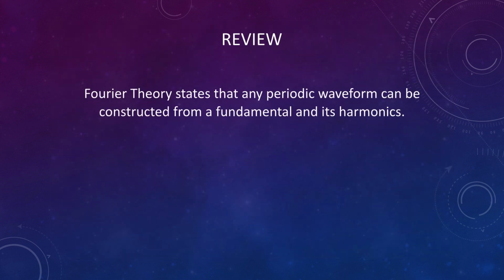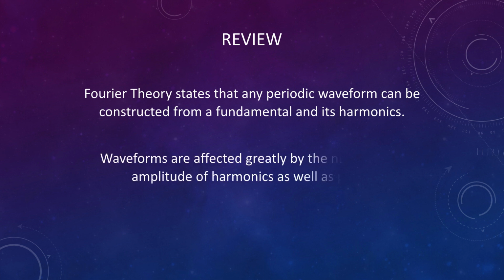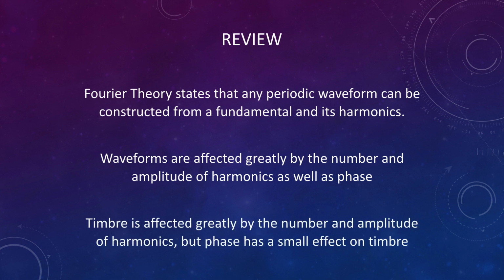To review, Fourier's theory states that any periodic waveform can be constructed from a fundamental and its harmonics. Waveforms are affected greatly by the number and amplitude of harmonics as well as phase. Timbre is affected greatly by the number and amplitude of harmonics, but phase has a small effect on timbre.